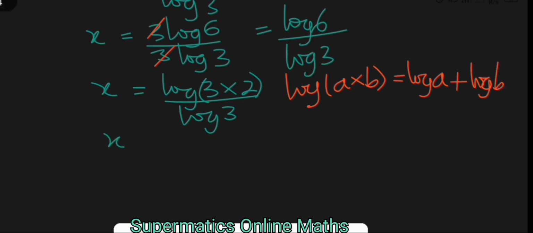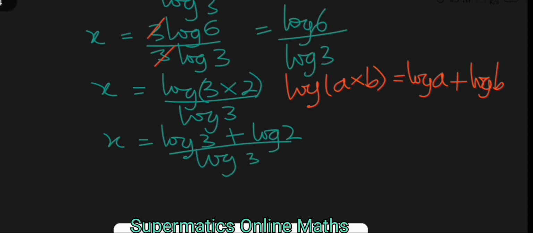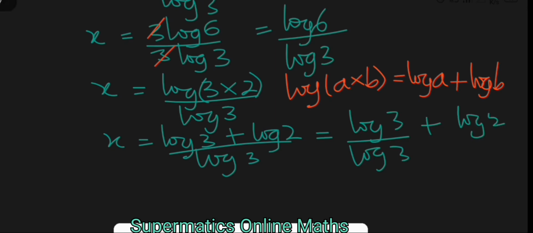Therefore, x becomes log 3 plus log 2 over log 3, which can separate to log 3 over log 3 plus log 2 over log 3.